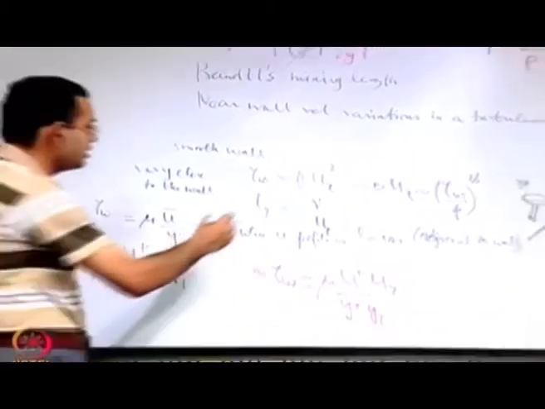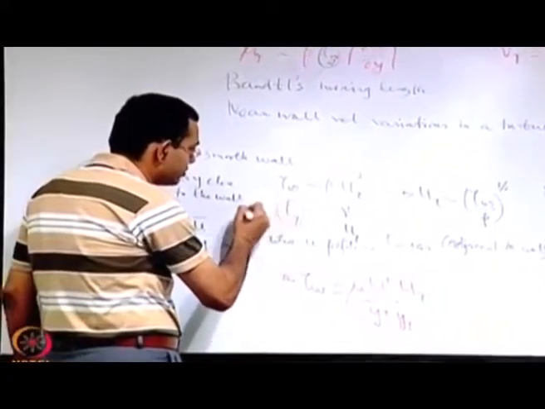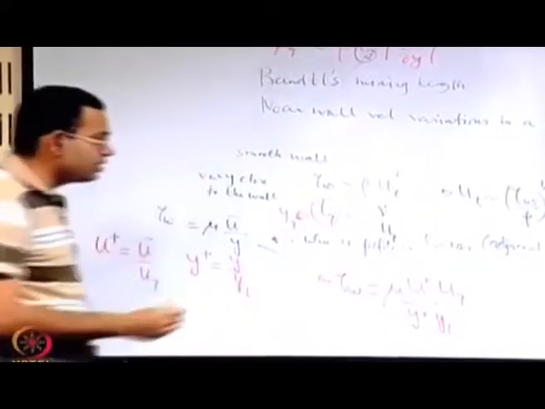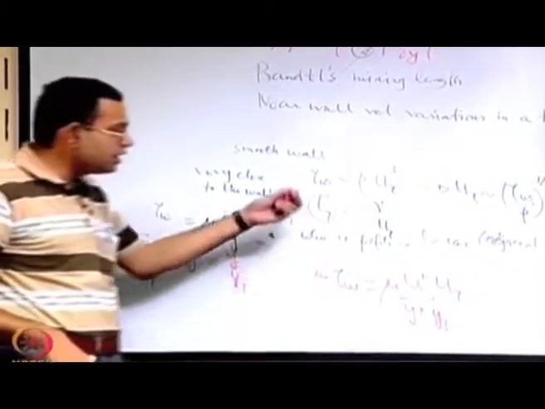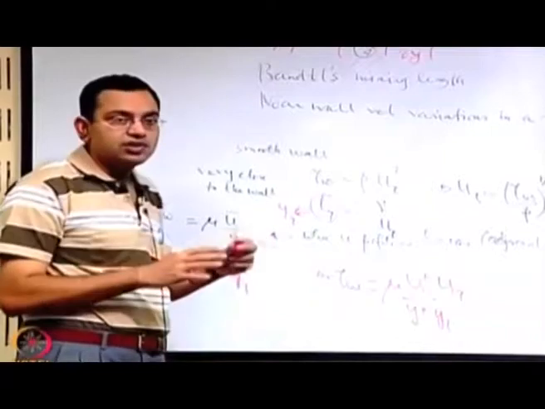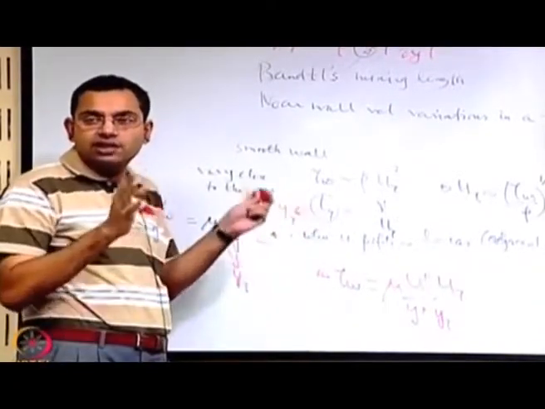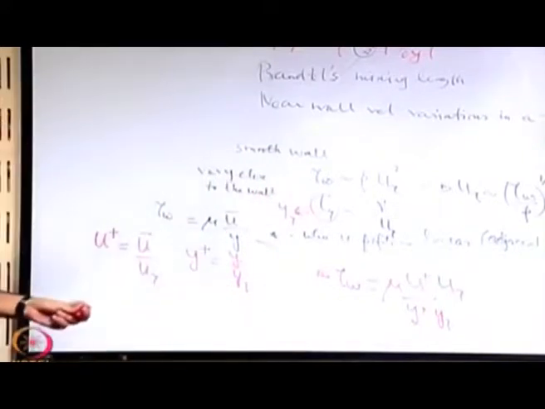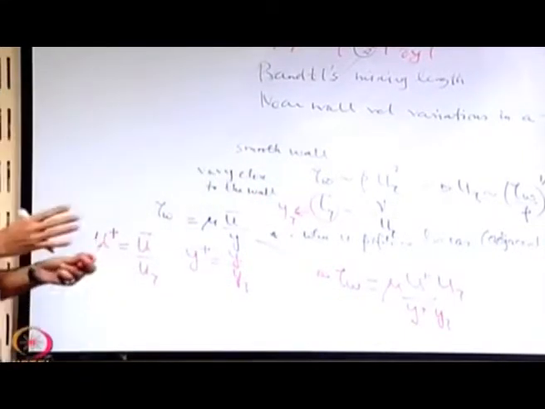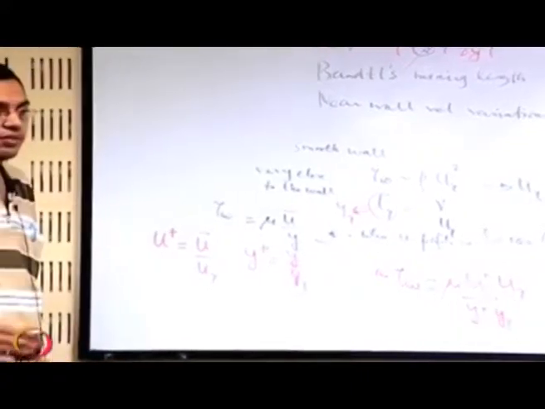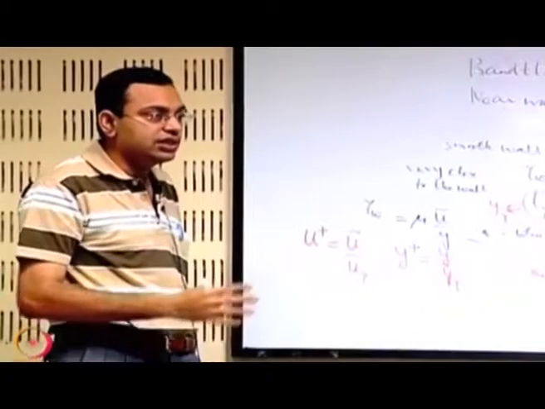Y tau is like L tau, the characteristic length scale. Since we are using the y coordinate, we are just calling it y tau. Because of the apparent isotropy, it is just the length scale that is important, not the directionality so much, but close to the wall the directionality is important because the normal gradient gives rise to the shear stress.